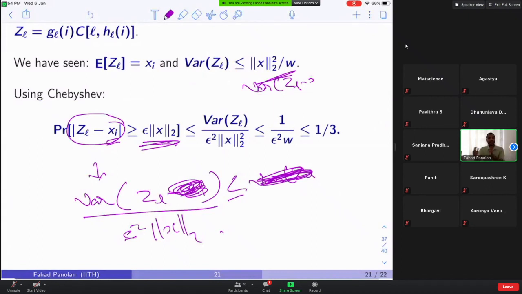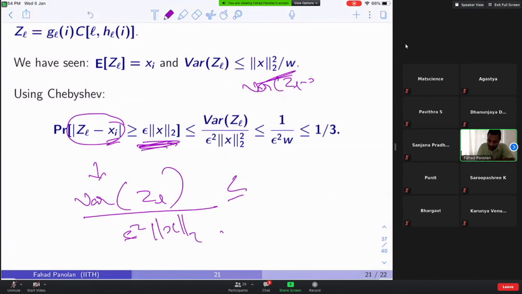By Chebyshev, the probability that x minus expected value of x is greater than or equal to some quantity is at most the variance of ZL divided by the square of this quantity. Clear? You apply the Chebyshev inequality: variance of the random variable ZL divided by the square of what is here.